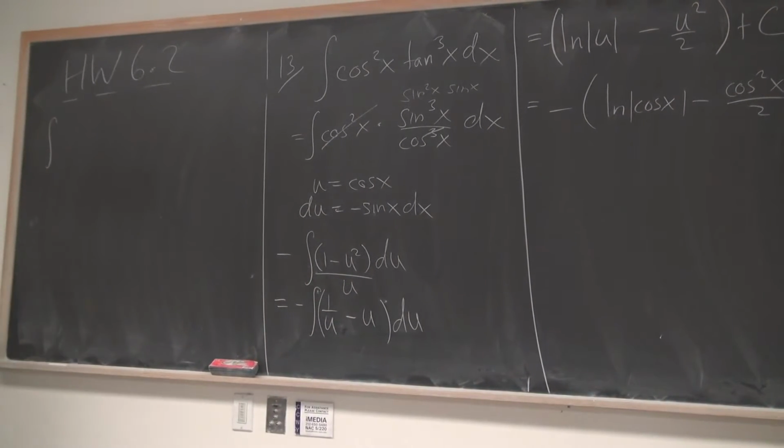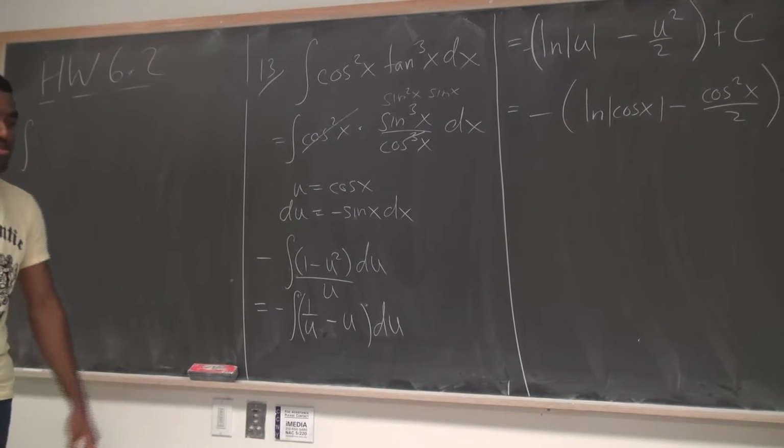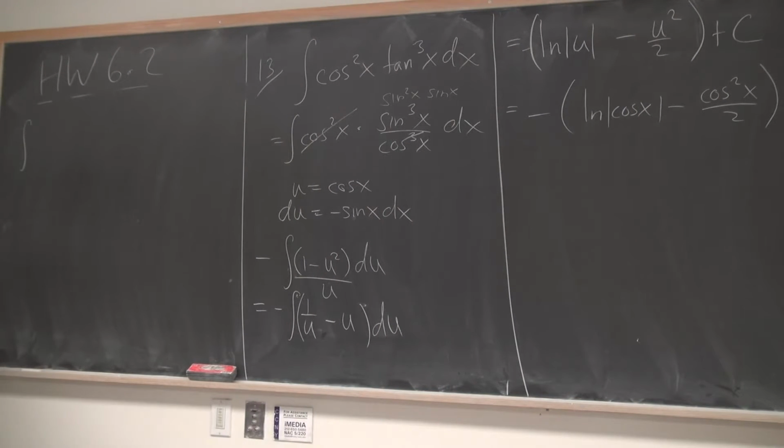Do you guys want to change the limits or keep them? Let's just keep them. So theta goes from pi over 4 up to pi over 2. We'll just swap back and then plug in the thetas then.